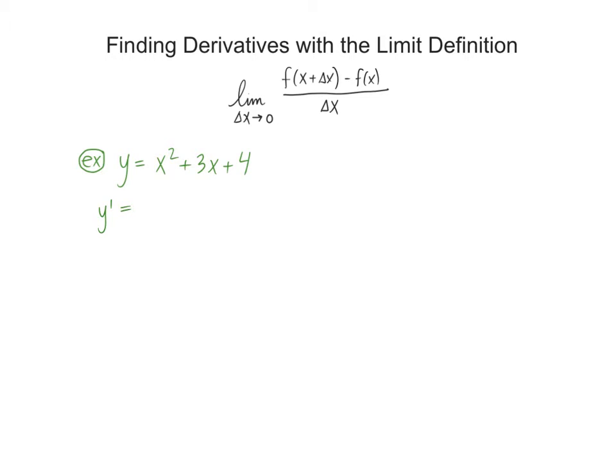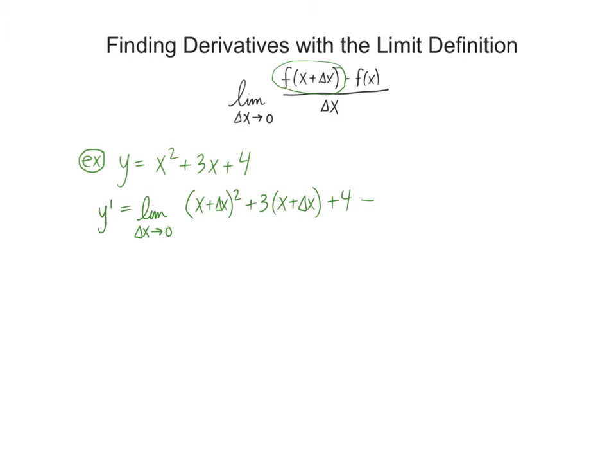The first thing is the limit as delta x goes to 0 every time. I'm just going to write that. The next thing I do is write the function, but replace x's with x plus delta x's. So that'll look like this. 3x becomes 3 times x plus delta x, and 4 is just 4.